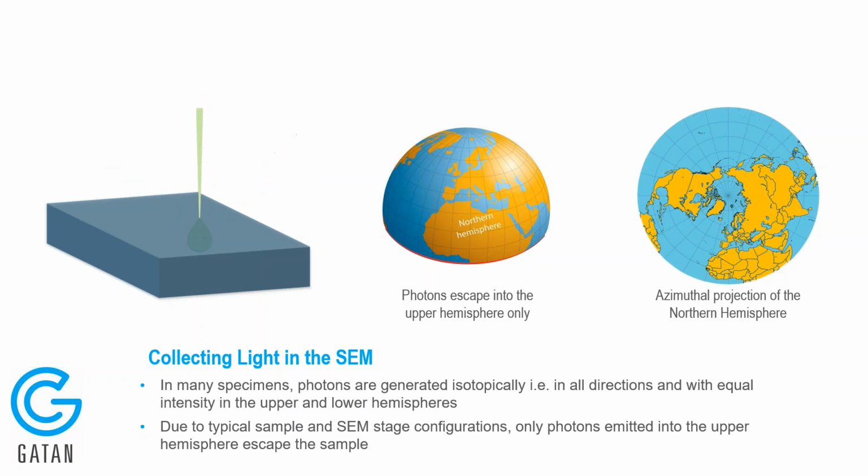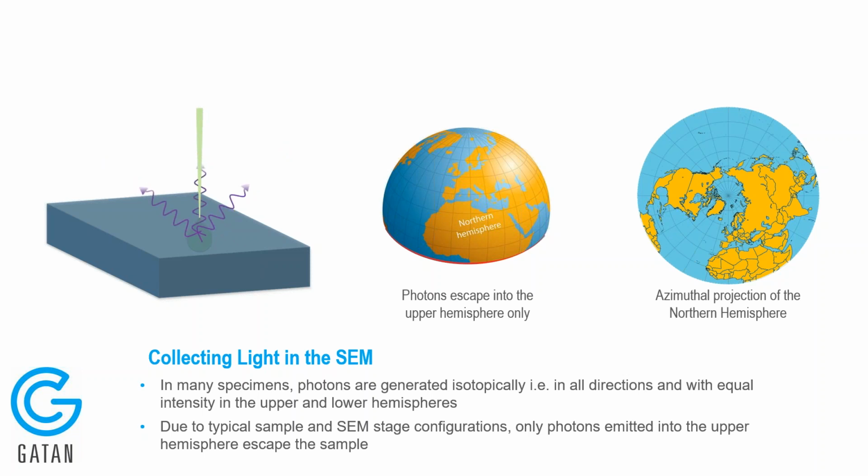A different projection, now looking down from the top, is shown on the right-hand side, so the azimuthal projection of the northern hemisphere. To achieve the best signal-to-noise ratio that we can, we need to collect as many of the photons that are being emitted from the specimen as we can.